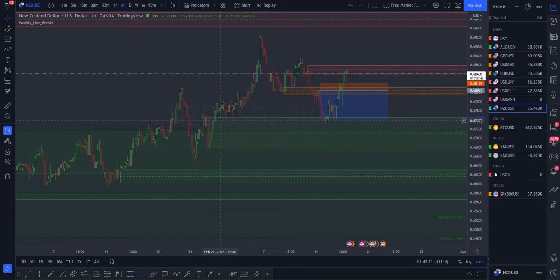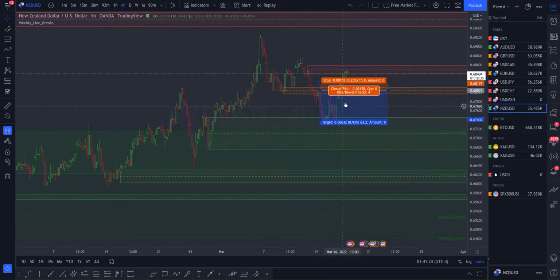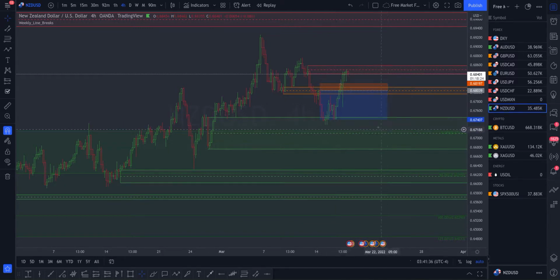And so in this case, price did leave out and tapped into the proximal line of this 4-hour demand and pushed up, and it came back to fill more orders, and that's why we have that bullish price action this week on the NZD USD.